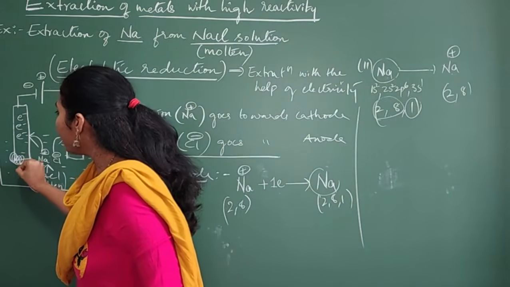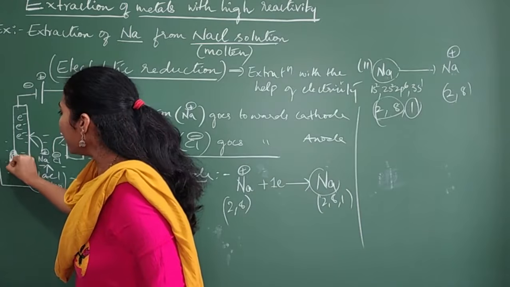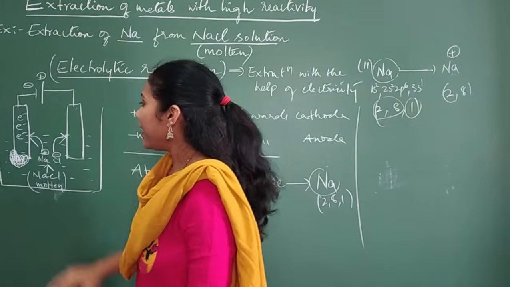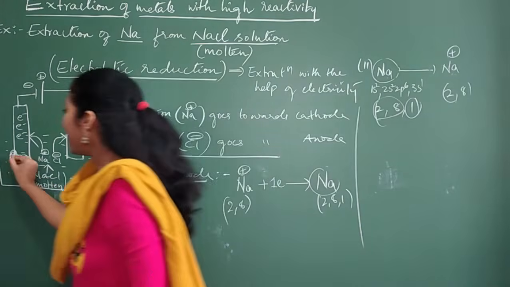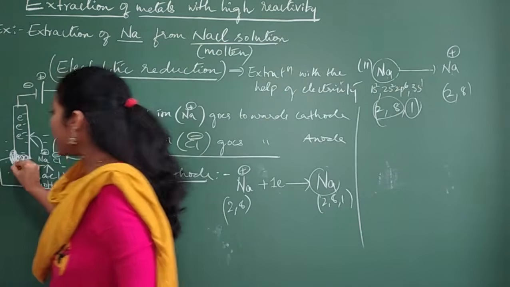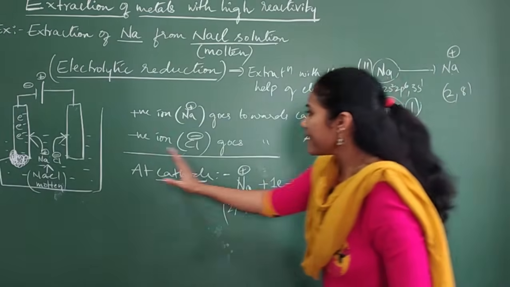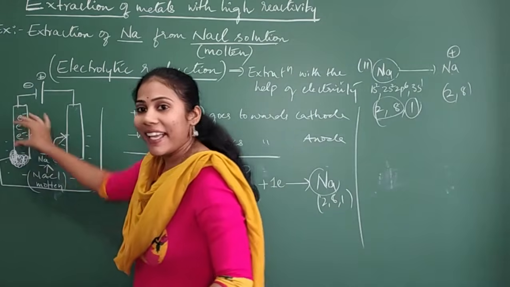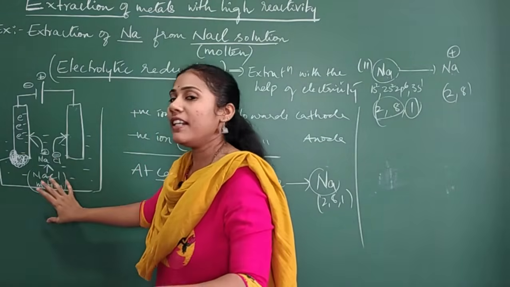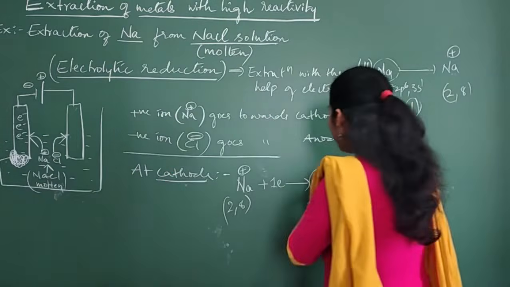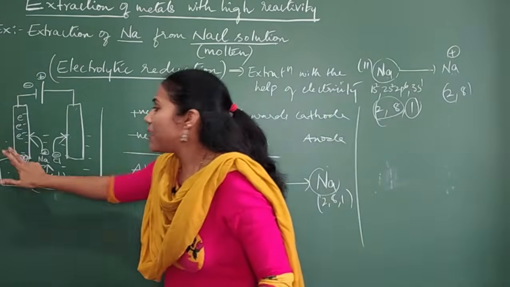Here in this rod you will find a white color substance getting deposited. That is nothing but the Na. Okay, how did this Na get deposited? By this reaction. All Na+ have moved to the rod. There each Na+ has got one electron. It will become neutral metal and that one will get deposited here.